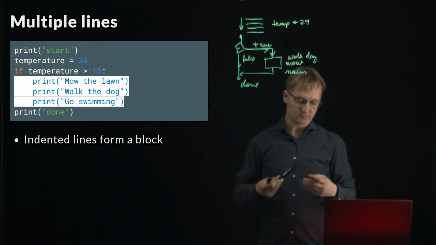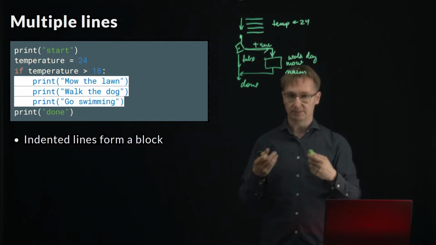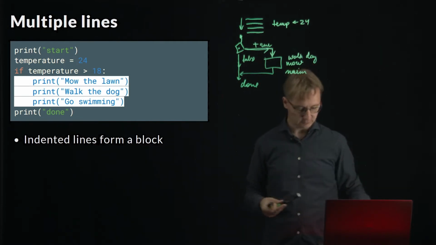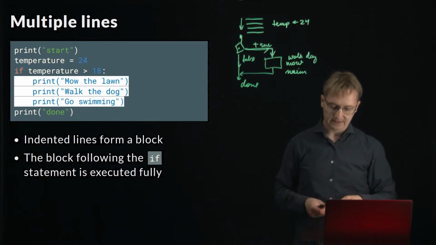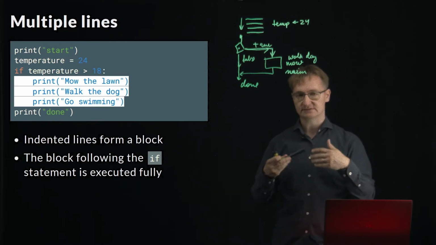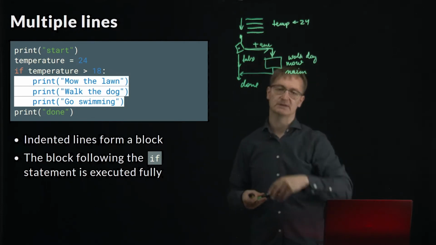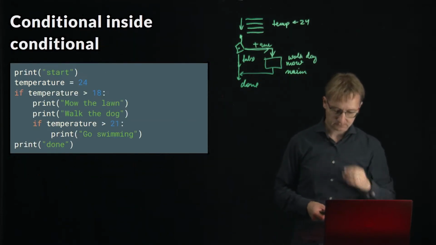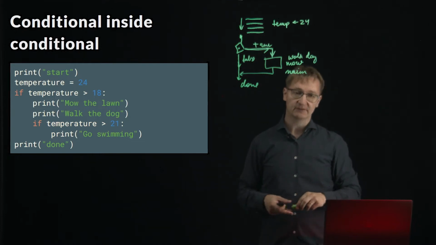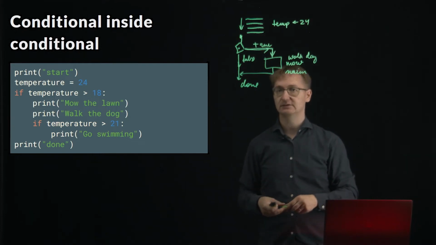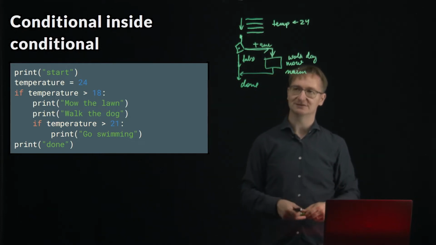So all those indented lines form a block of code, and all the statements inside the block are executed if the statement is true. We can have a conditional statement inside a conditional statement.